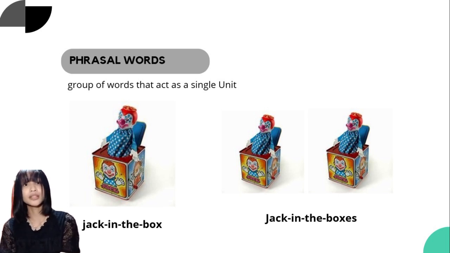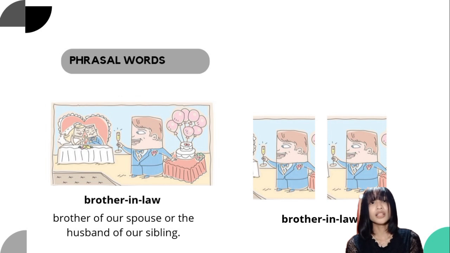And another example is brother-in-law. Brother-in-law is a term that we use to describe the brother of our spouse or the husband of our sibling. Even though it's three words, we write it using hyphens. So brother hyphen in hyphen law.